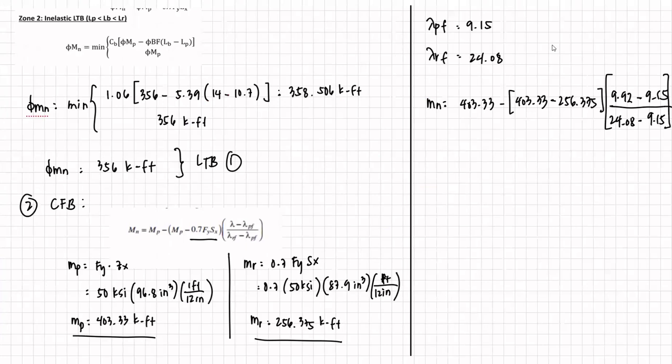Okay, Mn is, so 403.33 minus 256.375 times the ratio, then 403.33 minus the answer, that is 395.751 kip-feet.